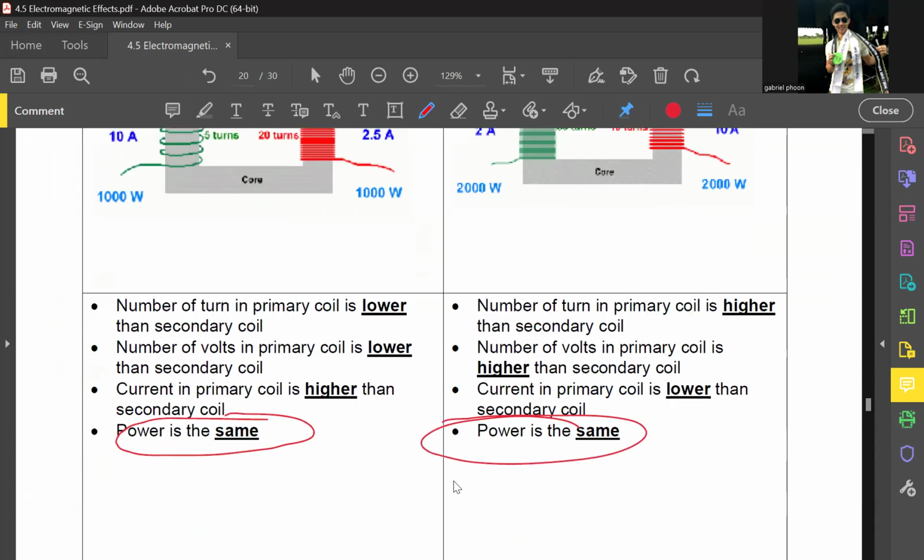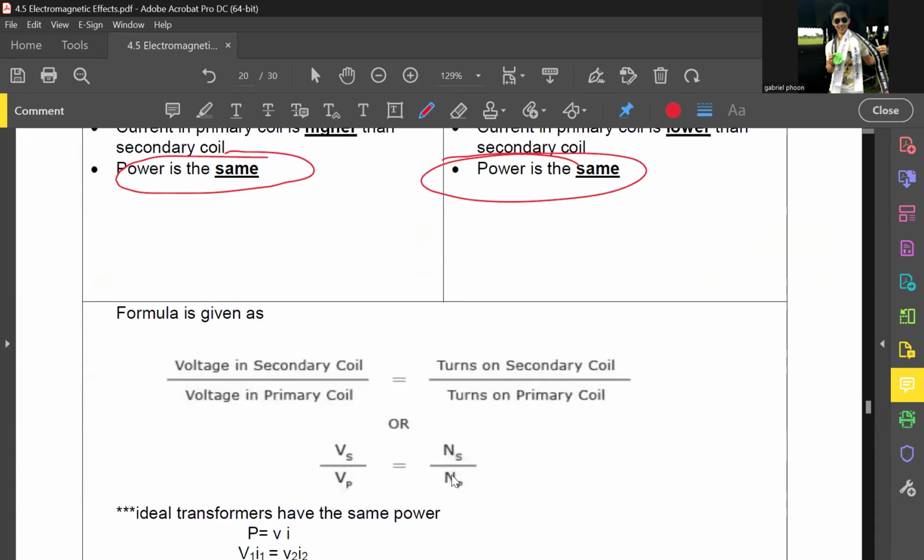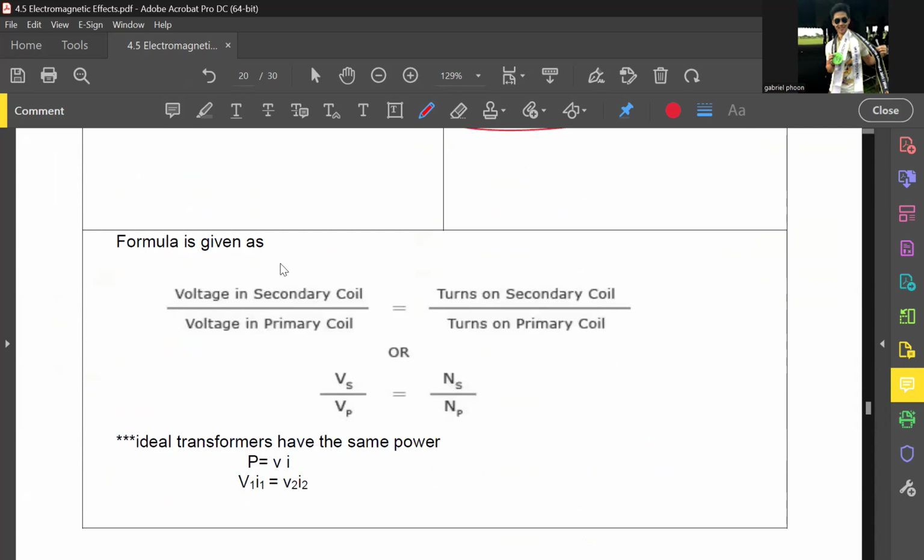Because of that, we actually have a ratio formula here which speaks for itself. Vs over Vp, voltage secondary over voltage primary, is equal to Ns over Np, which is number of turns in the secondary coil over number of turns in the primary coil. But because this is a ratio, it's not fixed, guys. Listen up. It's a ratio, meaning I could write the formula as Np over Ns equals Vp over Vs, also acceptable.